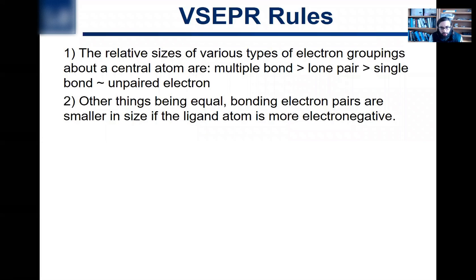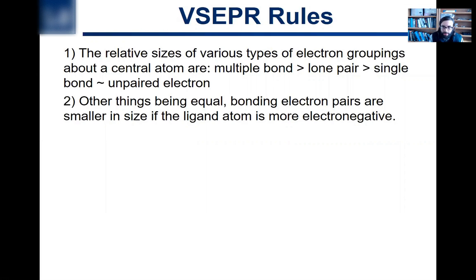All other things being equal, bonding electron pairs are smaller in size if the ligand atom is more electronegative. We'll see some examples of this. Why does that make sense, or how is that rationalized in this theory? You have a bond, and we know that more electronegative atoms will have more of that electron density towards them, right?